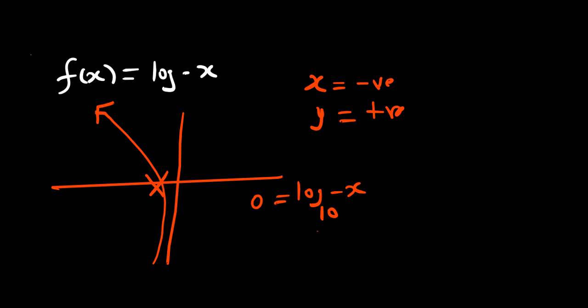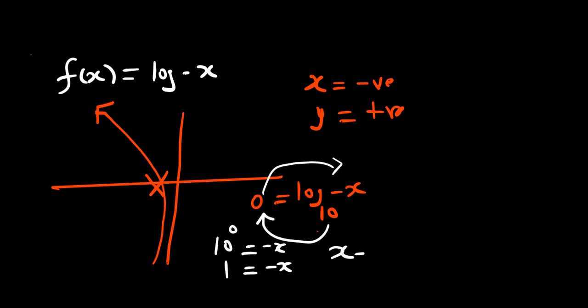Like we've said, if you can't solve it correctly, change it to exponential. You're going to say 10 to the power 0 is equal to negative x. 10 to the power 0 is 1, so 1 is equal to negative x. Therefore x will be equal to negative 1. So this point here is negative 1. That's how you're going to solve this one.